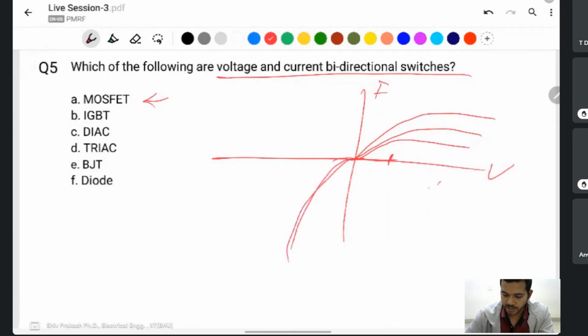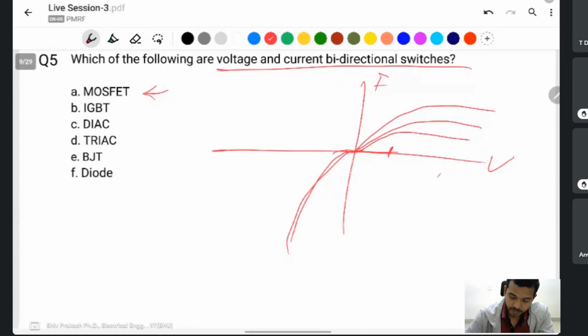This is not the same characteristic for the MOSFET in the positive and negative voltage supply. The IGBT is also not the same; only positive direction current flows. A diode can flow in both directions with the same characteristic like that.